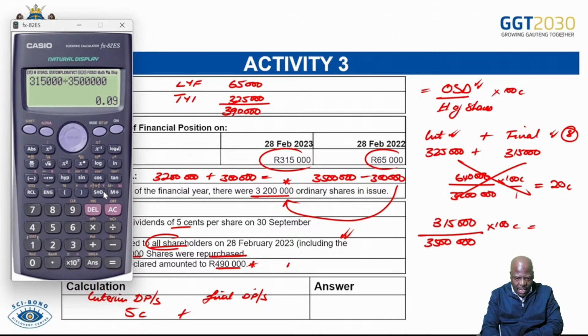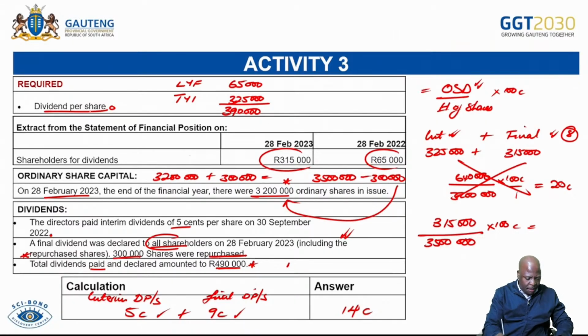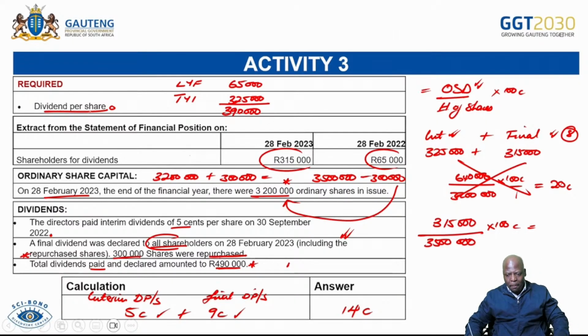And that will give me 0.09. So remember, we multiply by 100. It will give me 9 cents now. So I'll now say 5 cents plus 9 cents. That is going to give me 14 cents. That becomes my dividend per share.